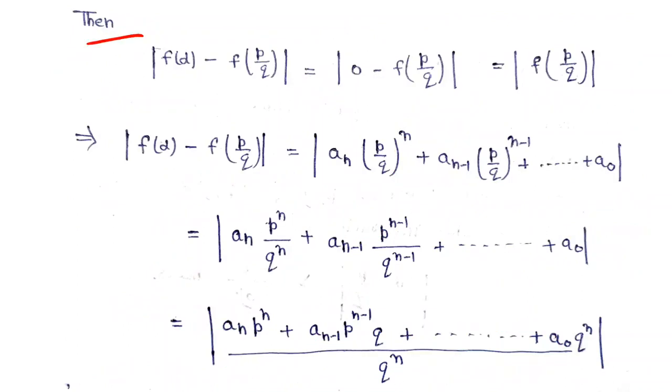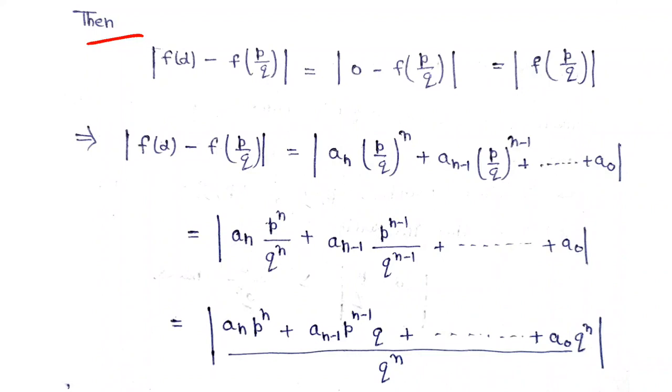Then mod of f of alpha minus f of p by q equals mod of 0 minus f of p by q, which equals f of p by q.